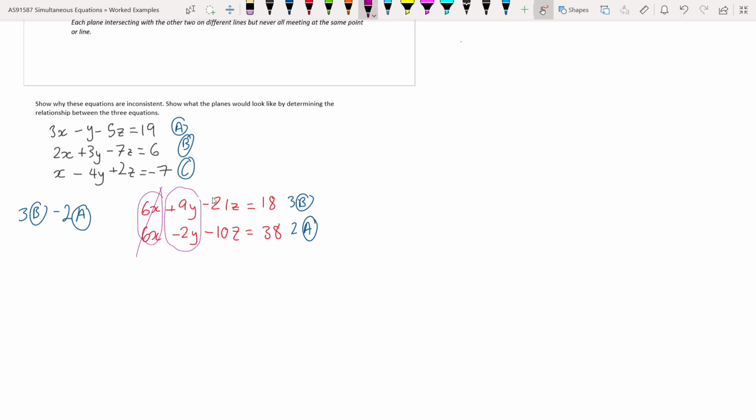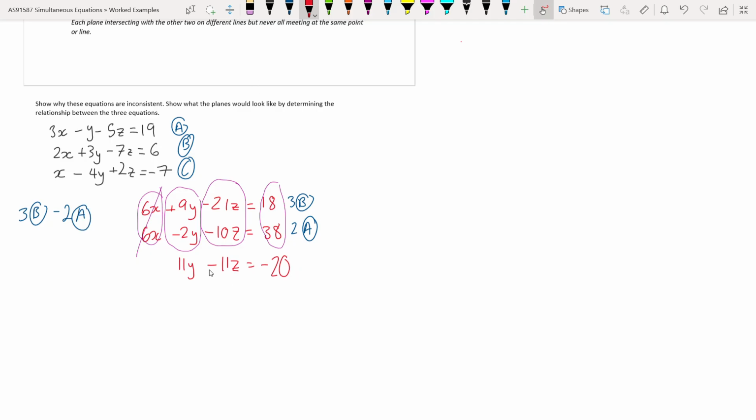And as we can see, the x is eliminated as we planned. However, none of the rest of the things have eliminated. That means we are probably going to end up with a straight line here. So 9y subtract negative 2y is positive 11y. And this one in here is negative 21z, subtract negative 10z is negative 11z. 18 subtract 38, that gives us negative 20.